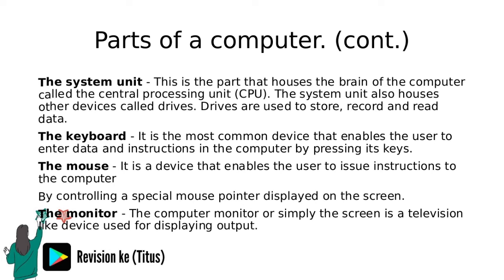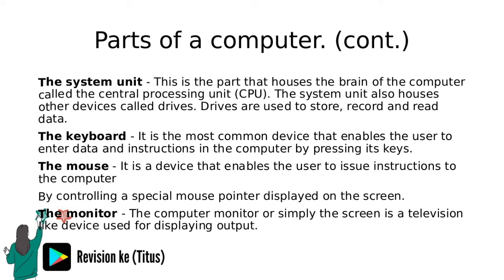So the parts of the computer are like this: the system unit, which is the part that houses the brain of the computer, called the central processing unit. The keyboard, the most common device which enables the user to enter data and instructions to the computer by pressing its keys.